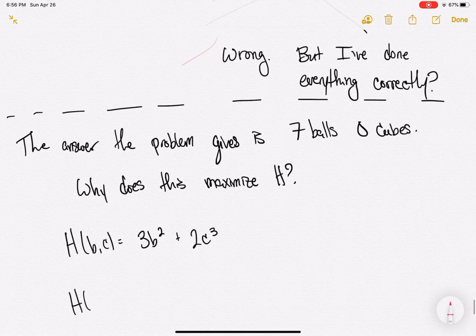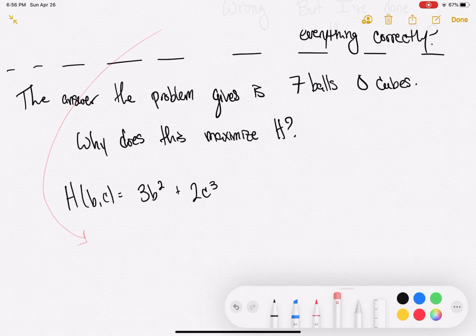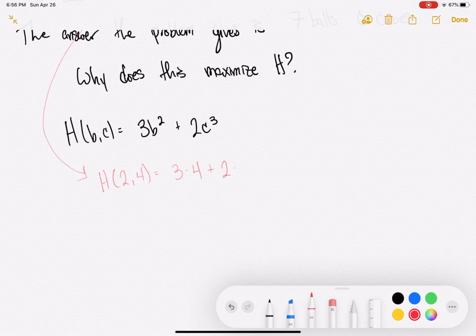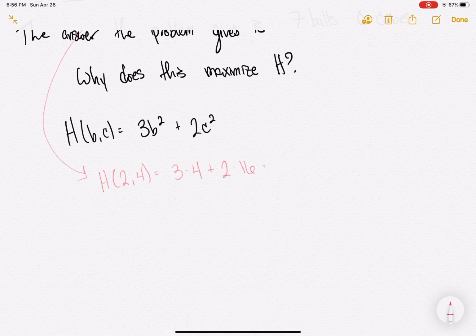So the first answer was 2 balls, 4 cubes. 3 times 4 plus 2 times 16 equals 12 plus 32 equals 44. Happiness. What did I call it? Happy units. Okay.